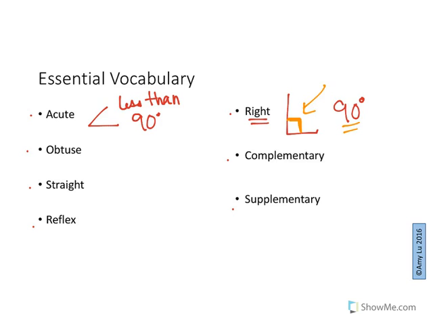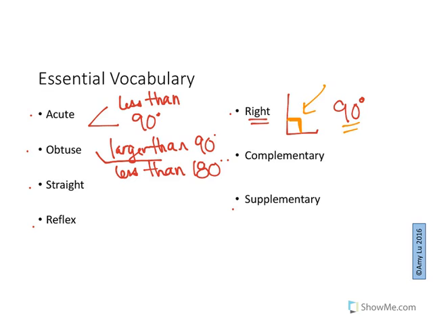Now, an obtuse angle is any angle that is larger than 90 degrees, but less than 180. So if you think about the numbers 91, 92, 100, 179, those are all obtuse angles.